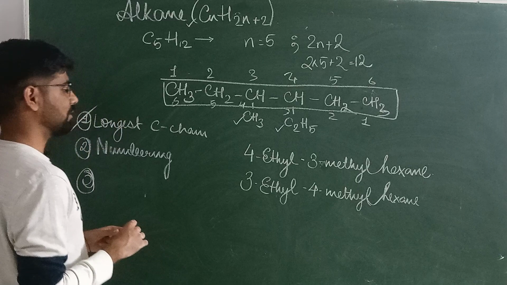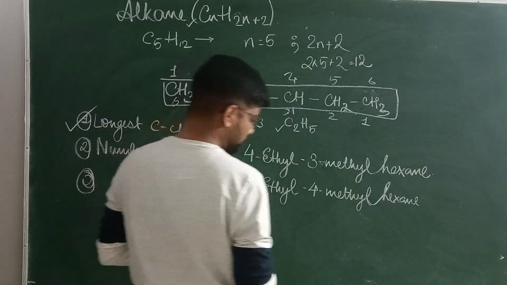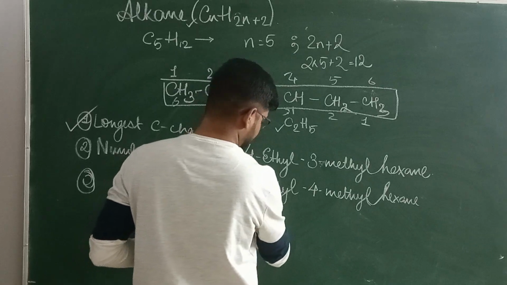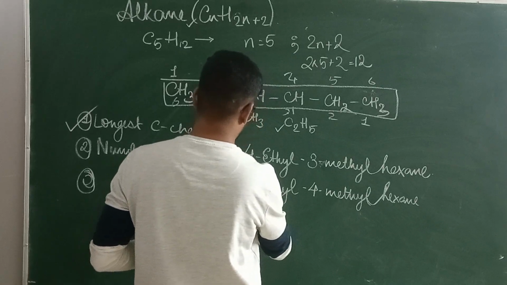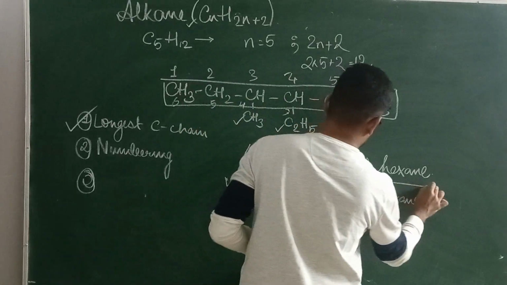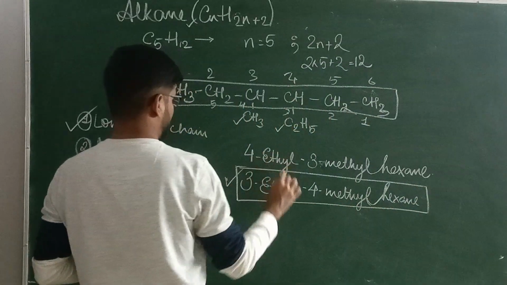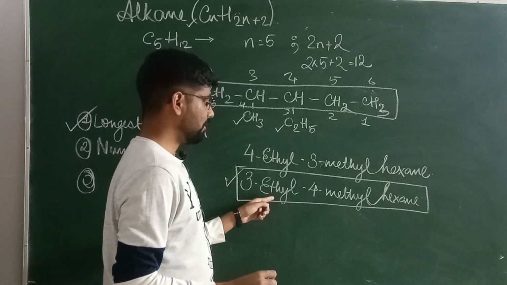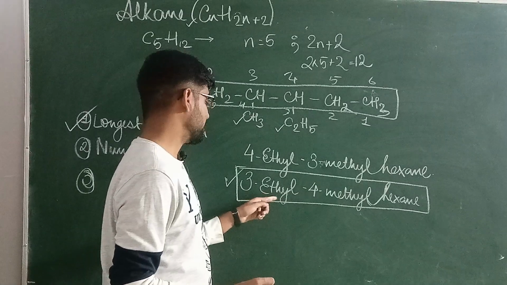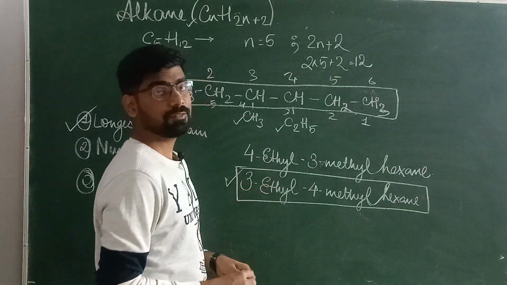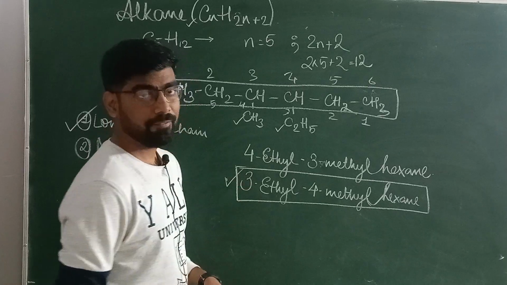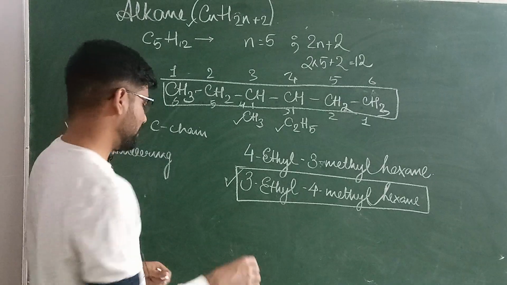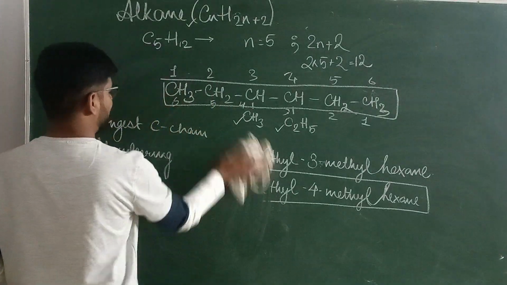And the name that is correct will be this one, because the first substituent is in the smaller position. We have to consider the one that is in the smaller position. So ethyl will have the name 3-ethyl-4-methylhexane. Are we clear about this, okay? So now let's move on to some more difficult ones.